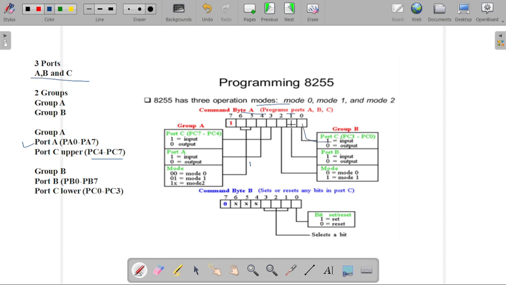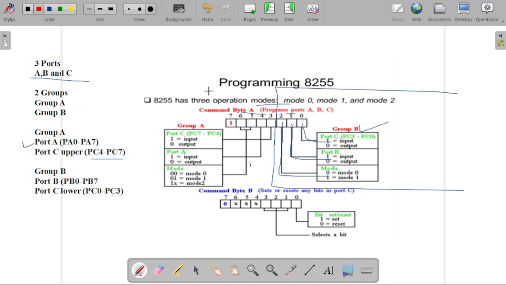Then the first bit is the port B architecture, which is also considered for 1 and 0. The second bit indicates the modes of operation defined by group B. So this part covers our group B architecture.